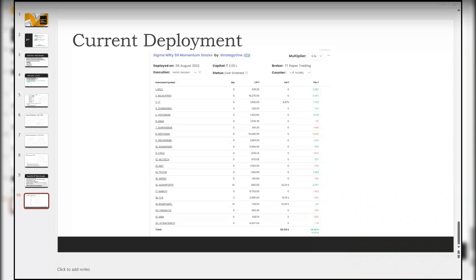Okay. In that case, does it mean that Sigma would do well, or the signals will be available, only when the market is in an upward trend? Yes, mostly that's the intention of this strategy, because it's a cash strategy. Generally in cash, you cannot do shorts, right? And it scans for signals in Nifty 50 stocks.